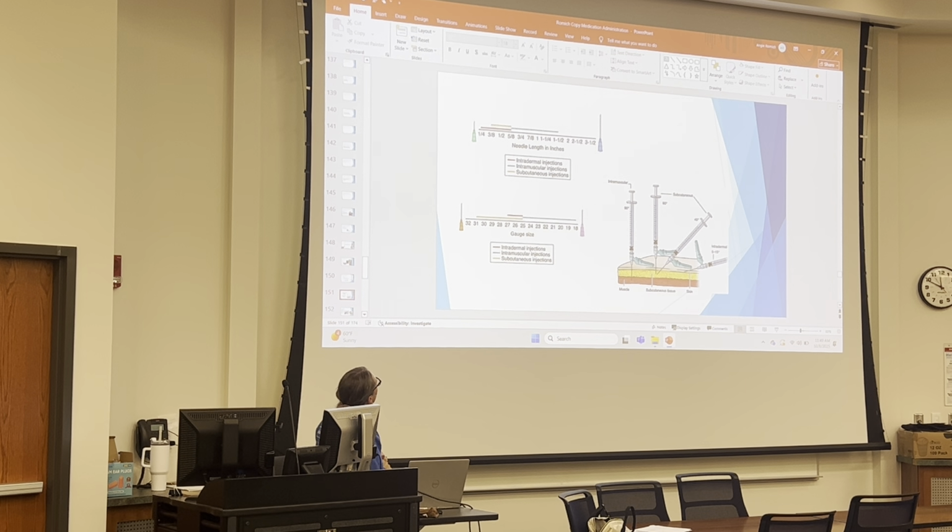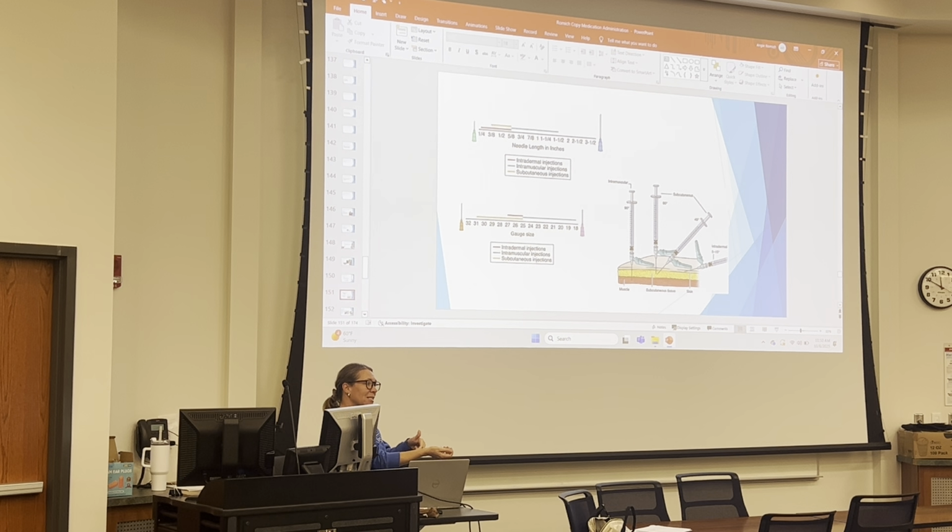There are different needle lengths that are going to sound confusing at first, but just like a head-to-toe assessment, these don't change. These are the ones that we use, and so they'll start to sound more familiar. If you look at the top, that's got needle length, and it's got what we would use for intradermal, which was your TB test.